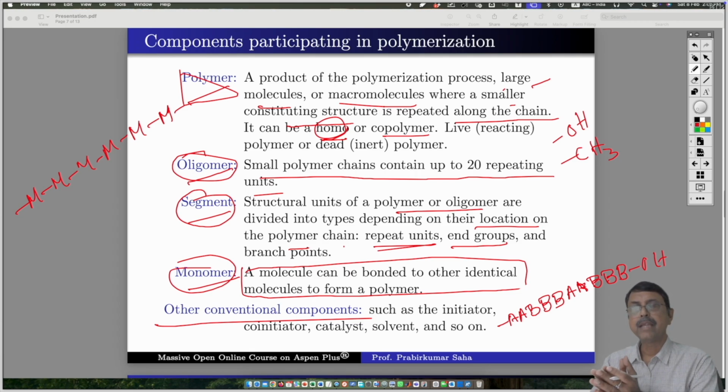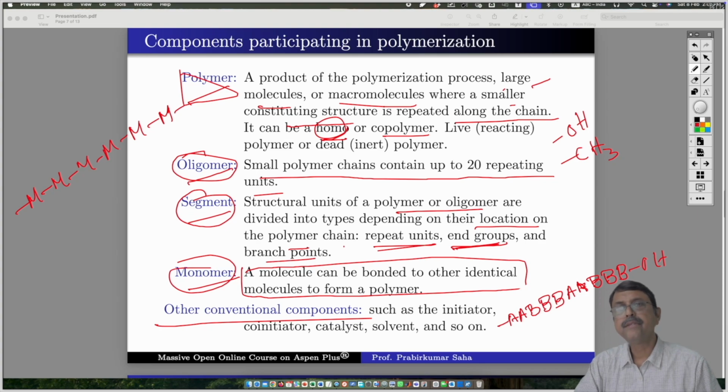As long as the polymer chain is in a position to accept new monomers to come and join its chain, it is called a live polymer or reacting polymer. The moment an end group comes and joins at one end and that end becomes inert, then it is called a dead polymer. That means that polymer chain is no longer capable of increasing its size. So that is the meaning of the end group.